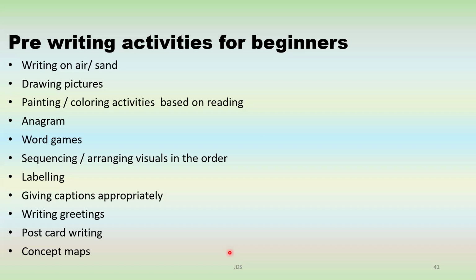Or you can ask them to write on the air and another student to guess the letter. Right? So they are not doing it in their exercise book. They do it in the sandpit, either in the sandpit or just in the class, they do it in the space. Yeah.